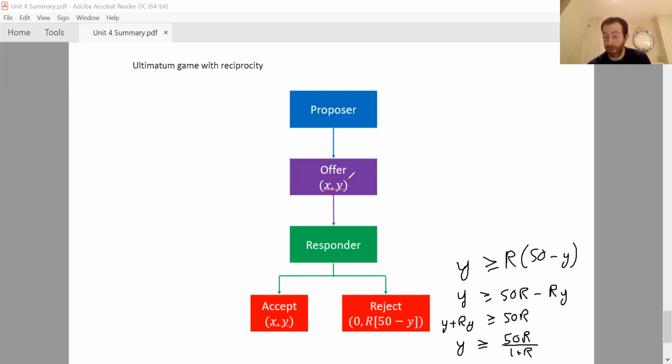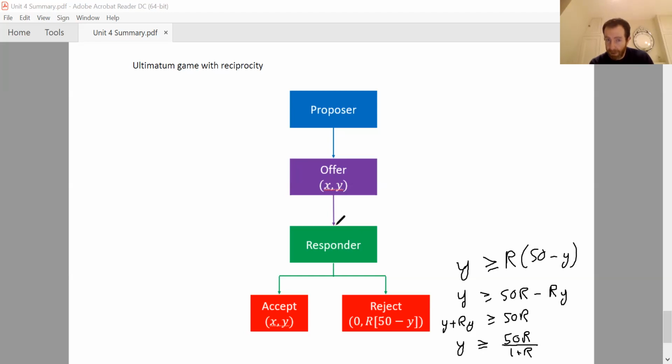So the proposer can say, let's make Y equal to this, and then the responder would accept, and the proposer is going to get whatever X is, so say 100 minus this. And so this leads us to an equilibrium for this particular version of the game, where the proposer offers Y equal to 50R over 1 plus R, and X, if this is $100, would be 100 minus that.